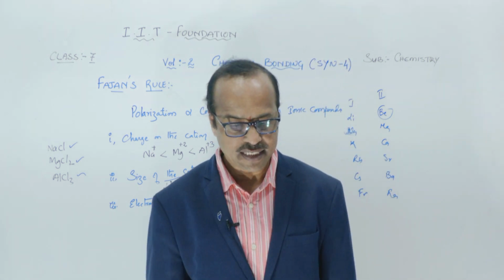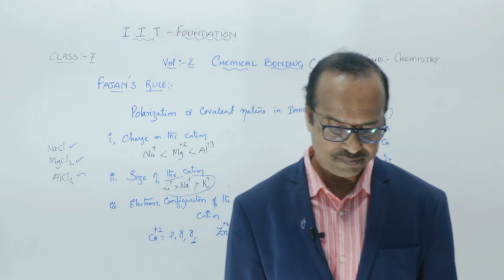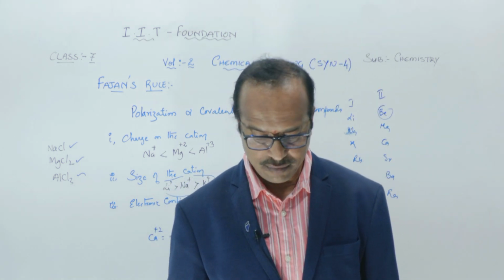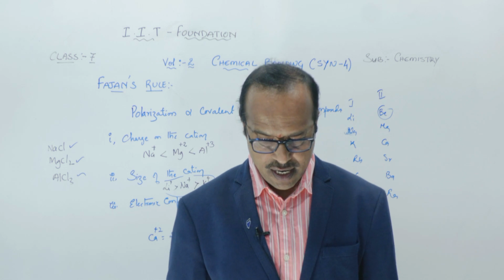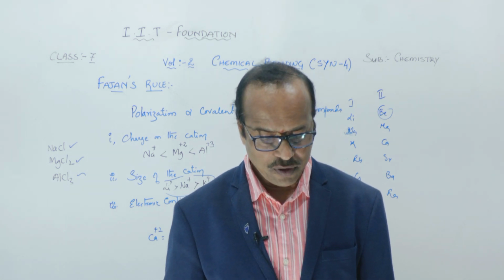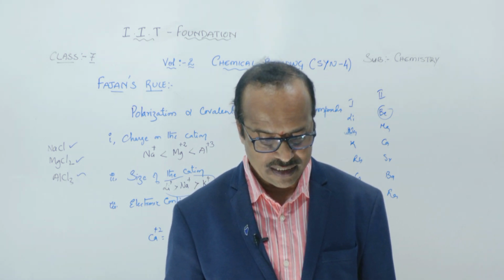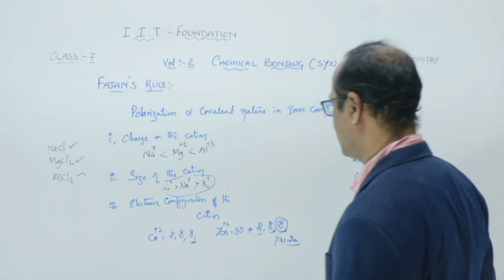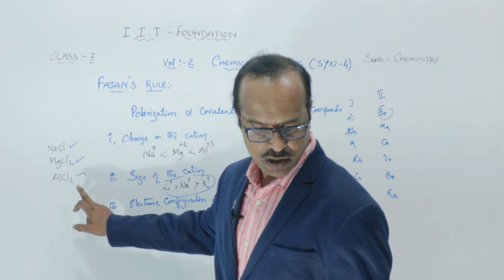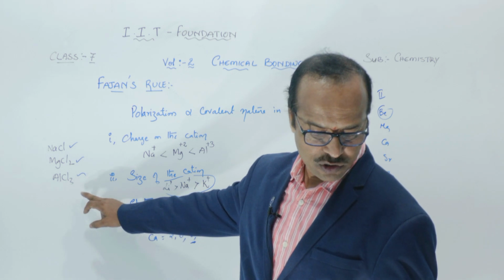So the option is 1, the fourth one. Next, the compound having least covalent nature: we already discussed aluminum chloride, magnesium chloride. Aluminum chloride is the right answer. So the option is 1.